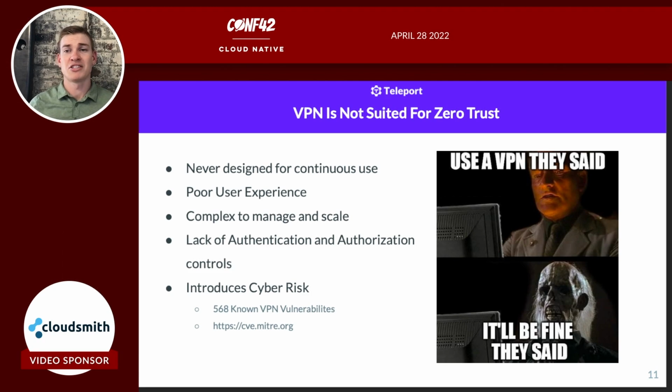VPNs are totally blind also to content level attacks. So it doesn't know if it's being used to upload ransomware into a corporate environment or a cloud infrastructure. It also doesn't know if it's being used to siphon information out of these resources.